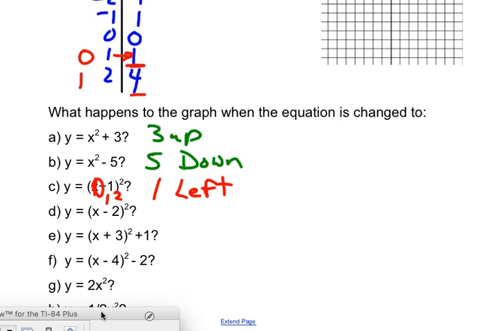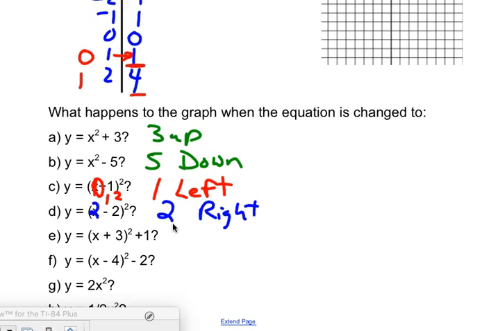So the next one here says minus 2. So hopefully you're thinking that it's the opposite with the x. So if I minus 2, it's actually going to bring the whole graph 2 to the right. That'll offset the minus 2 that you're applying. Okay? So up above, let's say x is, I don't know, 2.